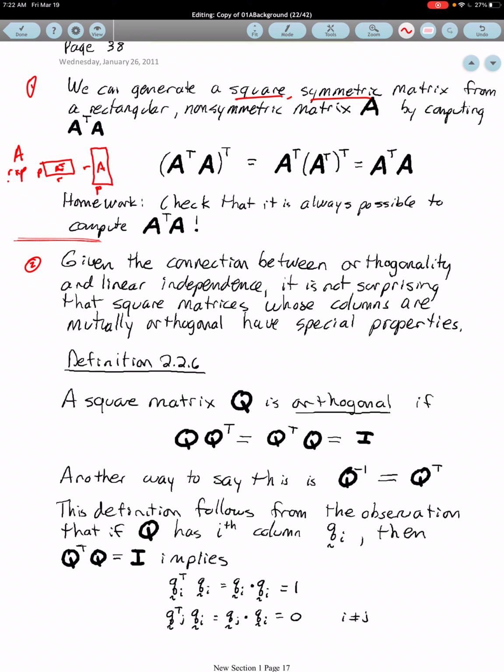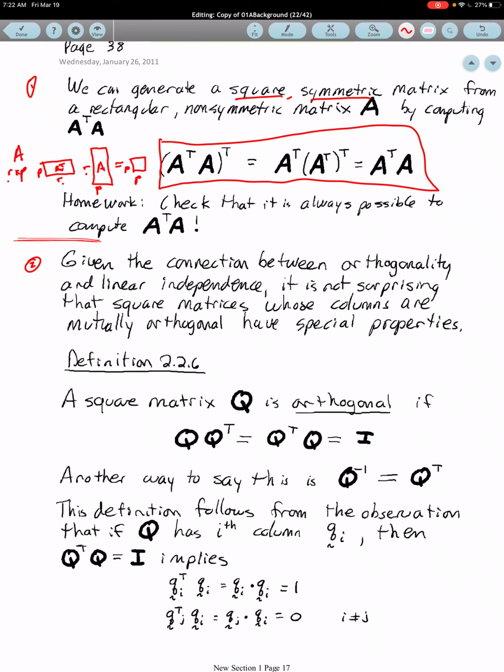So the first rectangle is supposed to represent A transpose. The second rectangle is supposed to represent A. They have their dimensions R and P. And of course, we can do the multiplication because these R's agree, and we're going to end up with a P by P matrix, which in this case would be of the small dimension, the way that I've written it. So we can see that it's square. We can also see that it's symmetric, and that's what's being done here.